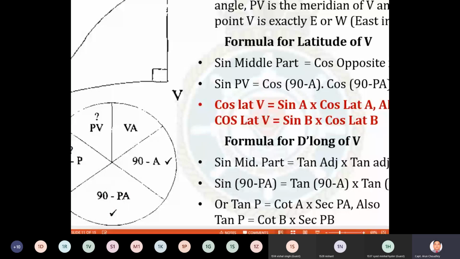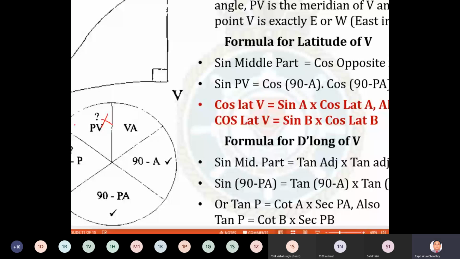Out of this, what is known to us? Do we know the value of PV? Yes or no? No, sir. Yeah, we don't know.